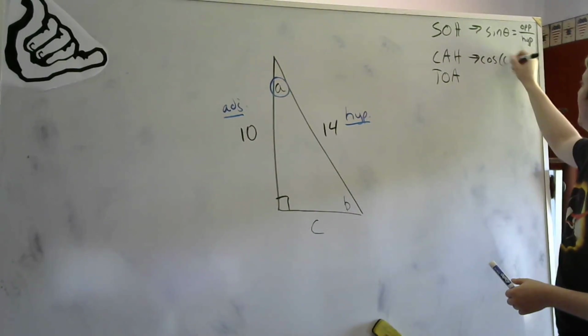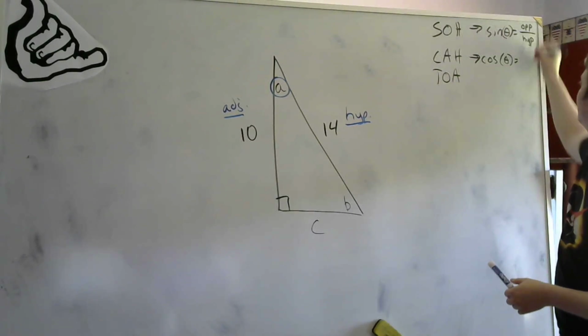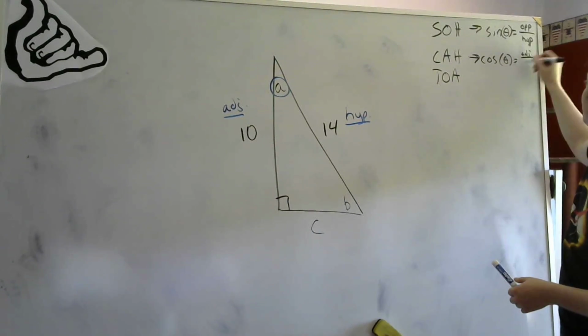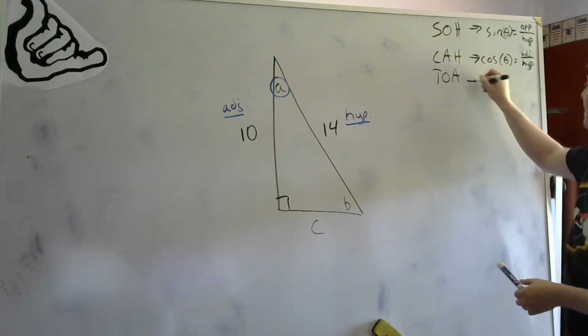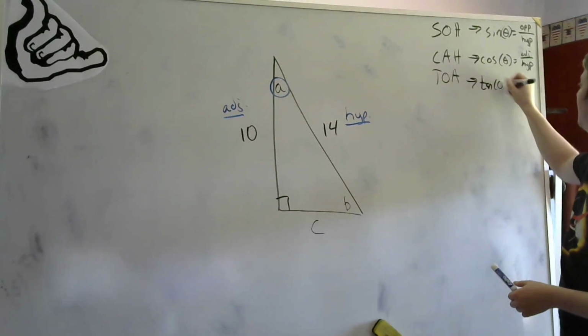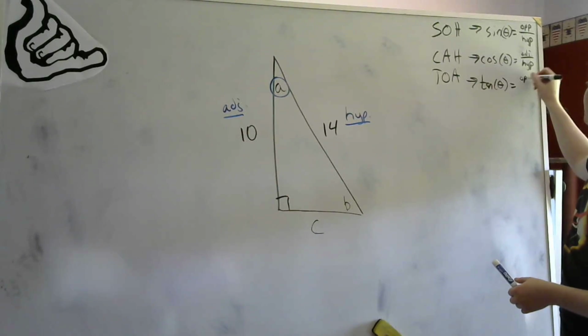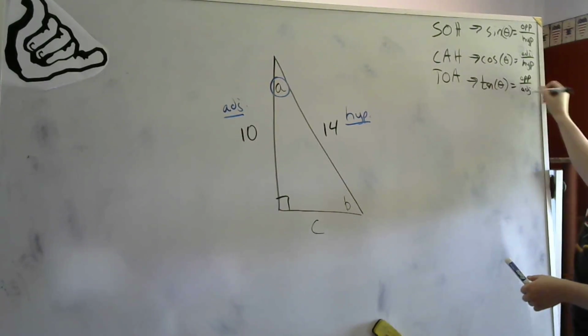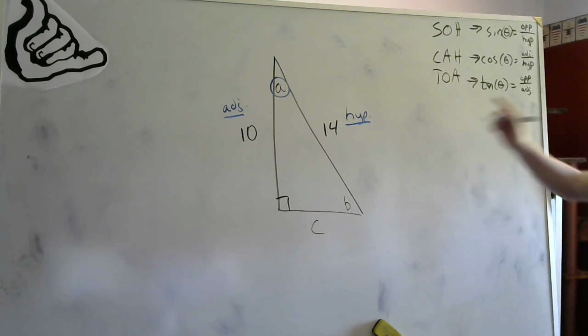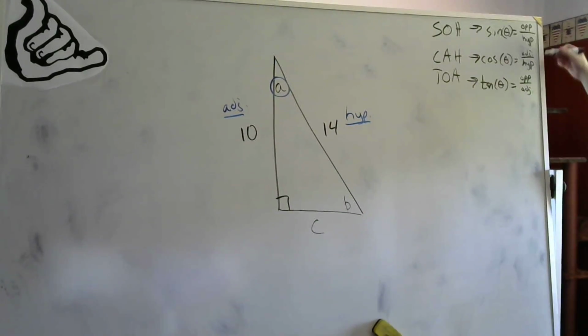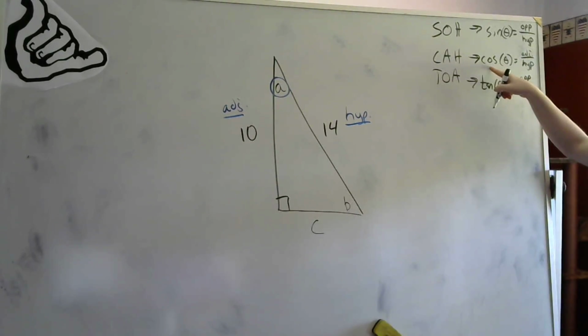Cosine of an angle is equal to the adjacent over the hypotenuse. And the tangent of an angle is equal to the opposite over adjacent. So, I've got adjacent and hypotenuse. Adjacent and a hypotenuse goes with the cosine.